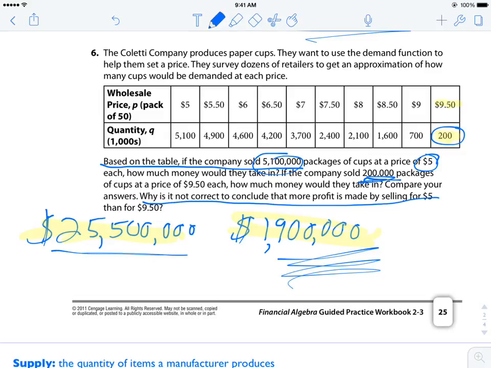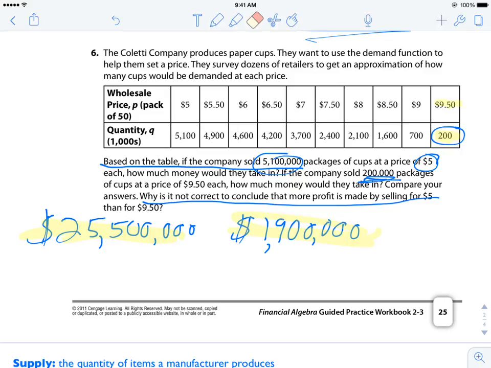Whereas down here, I have a lot more items that I'm producing at a lower cost, and so my profit margin, if you will, might only be a couple of cents, whereas I might be earning a couple of dollars if I'm selling them for $9.50. So that's the sort of thing that companies always have to think about, find ways to maximize their profit.